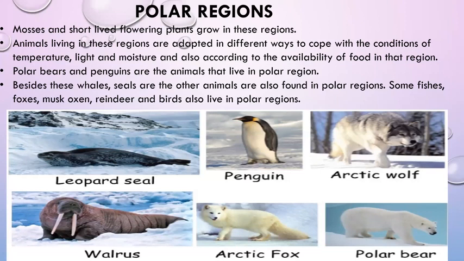Polar bears and penguins are the most common animals that live in polar region. Besides these animals, the other animals that are found in polar regions are whales, seals, foxes, musk oxen, reindeer, Arctic fox, Arctic wolf, etc.